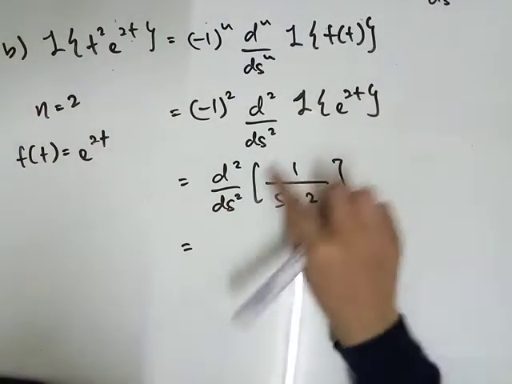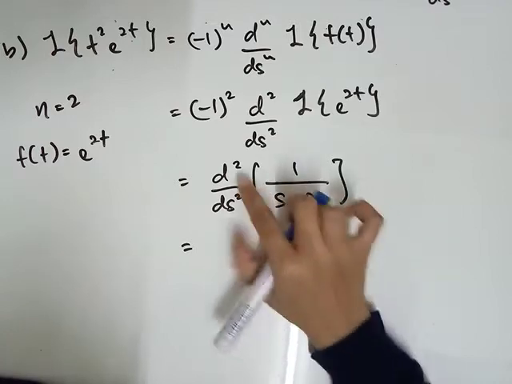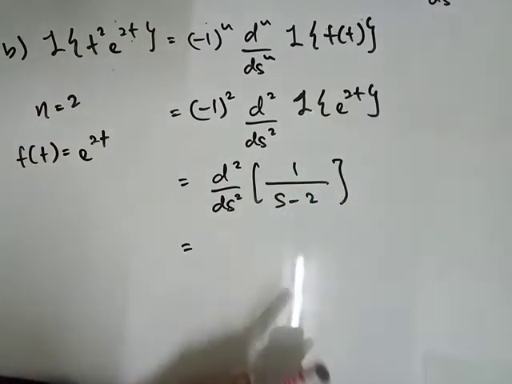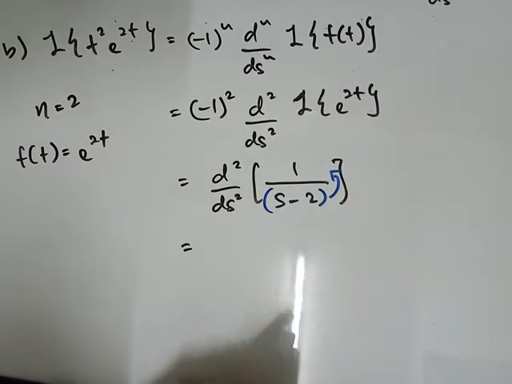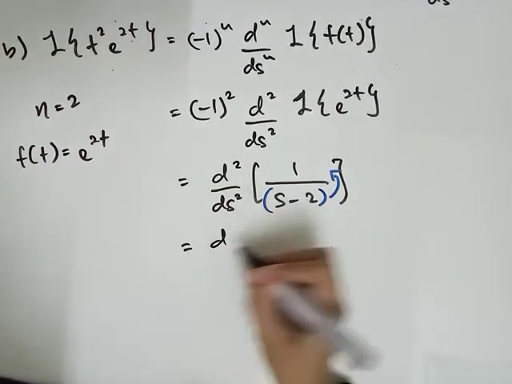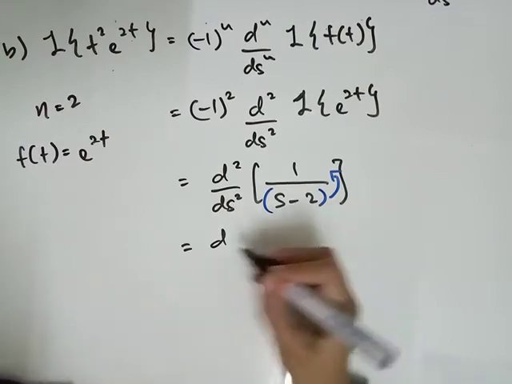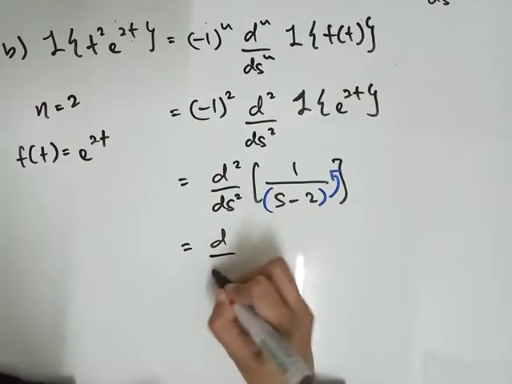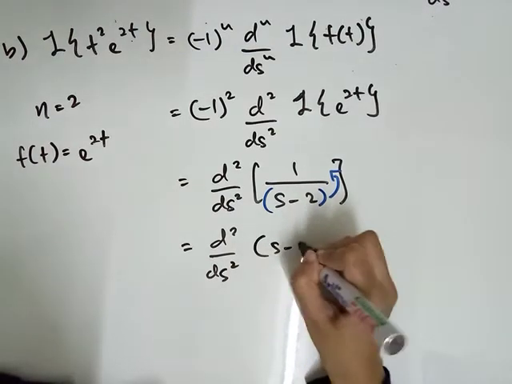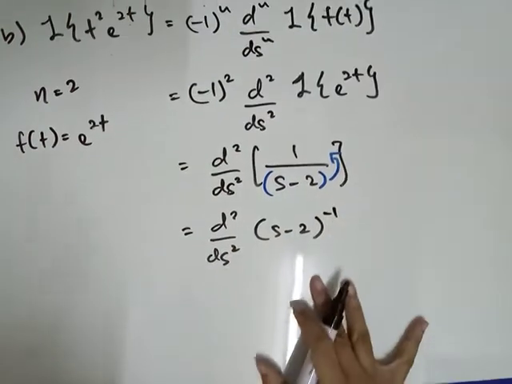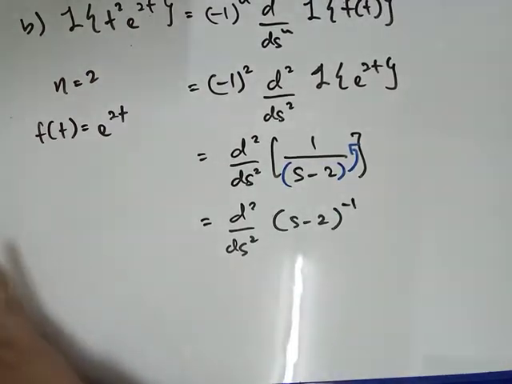That means we need to differentiate twice, because we have a power 2 here. So s minus 2 we need to bring to the top, so it will become d square ds square, s minus 2 power -1.